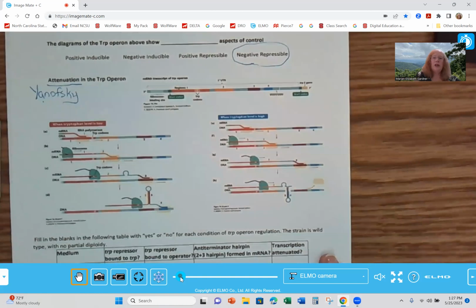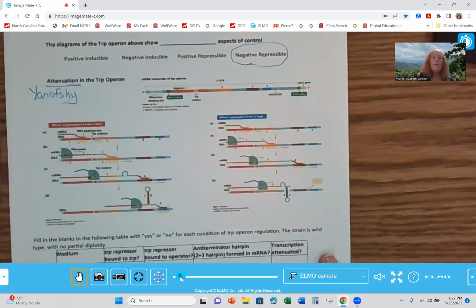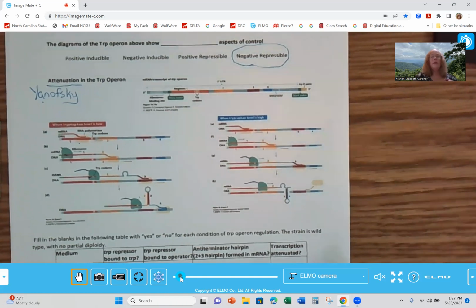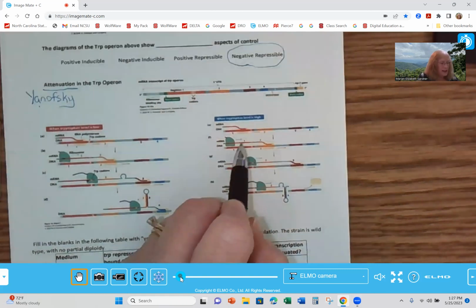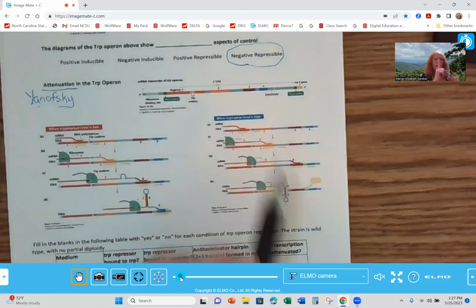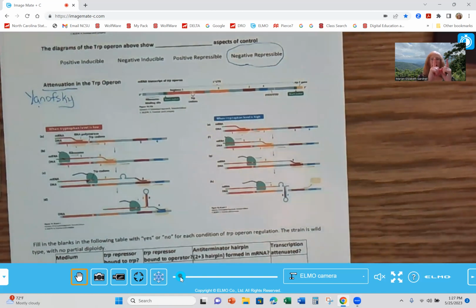This is not a termination hairpin. Remember when we talked about transcription in prokaryotes, we said that there is a sequence where you get a hairpin formation, and that cues RNA polymerase to end transcription. Well, when tryptophan is high, RNA polymerase is chugging along and the ribosome is right behind it. They stay close together because the ribosome does not have to wait for charged transfer RNA with tryptophan, because there's lots of tryptophan.